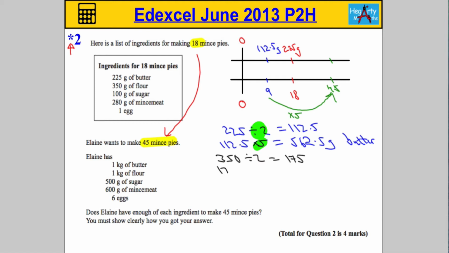We're going to do 175 times by 5 to get, let me see, 5 times 75 is going to be 425 plus 500 is 925. Let me just write beside that that is the situation for flour.